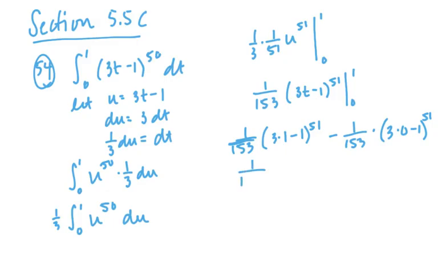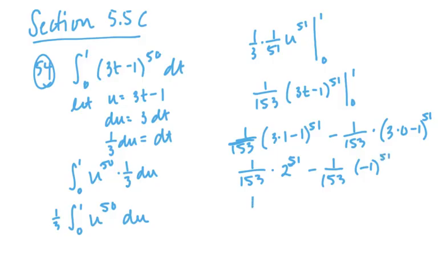So we have 1 over 153. 3 times 1 is 3, minus 1 is 2. So we have times 2 to the 51st. Minus 1 over 153, and then we have 0 and negative 1 to the 51st.